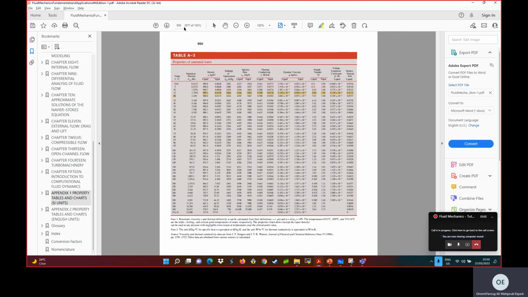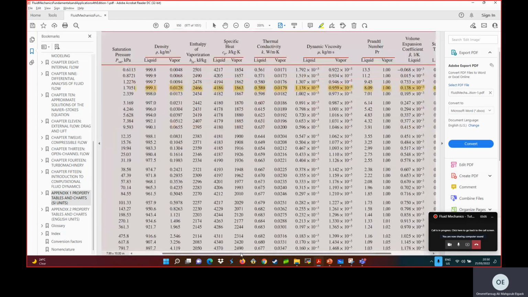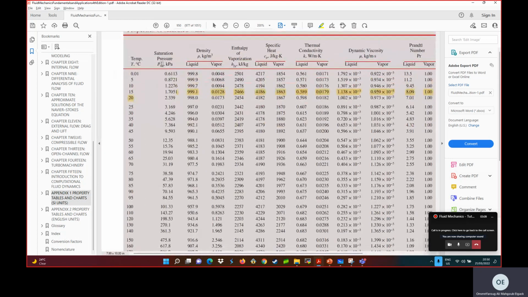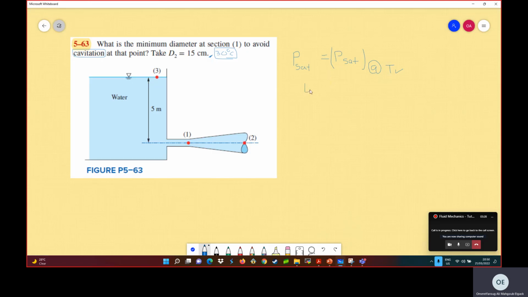Here you have the set of temperatures and the corresponding saturation pressure. Our temperature is 30, therefore this is the saturation pressure here, 4.246 kilopascal. So we'll just write it there, 4.246 kilopascal.